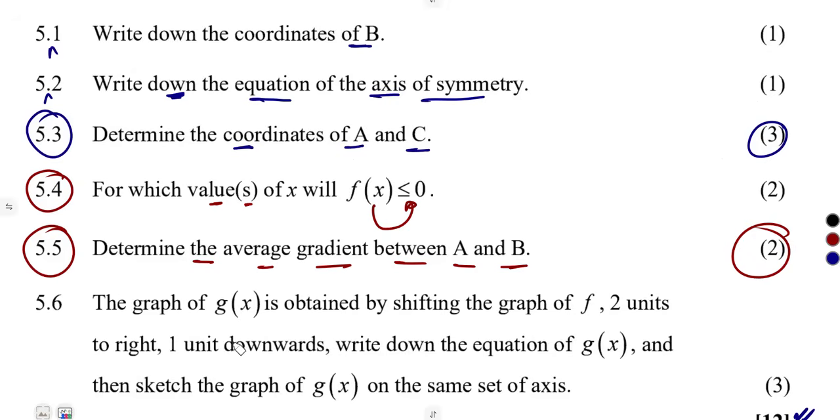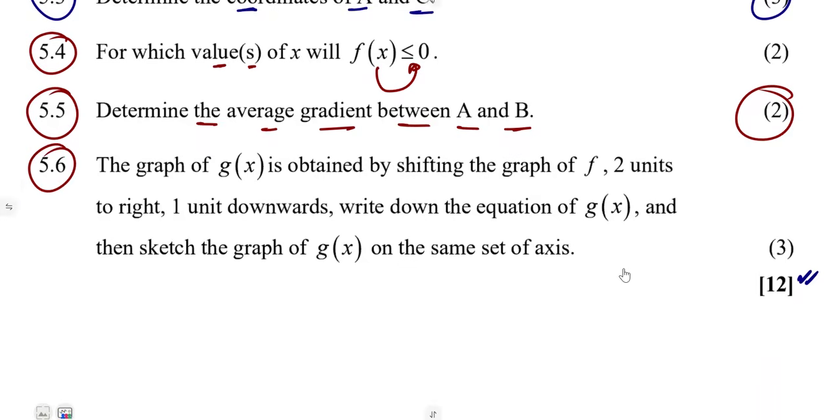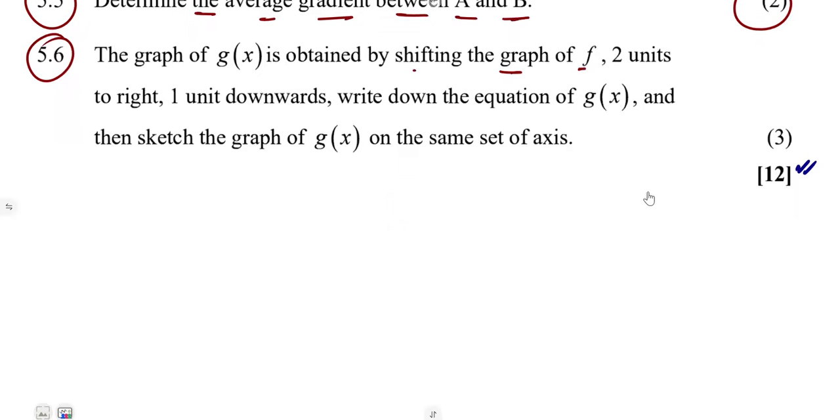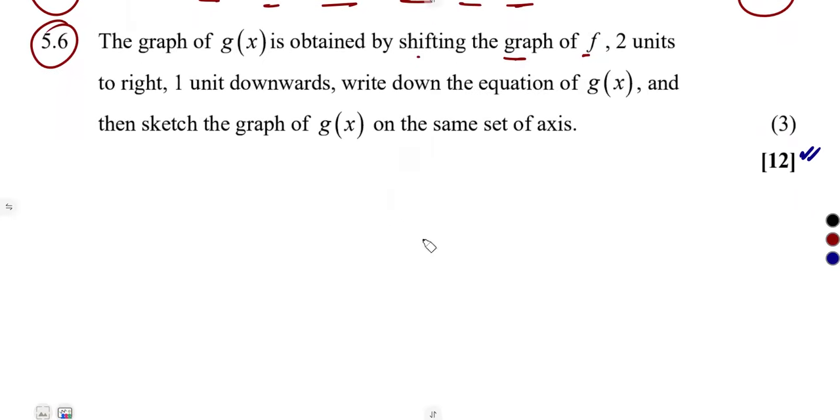Moving on to 5.6, they are saying that the graph of g(x) is obtained by shifting the graph of f. Transformation of graphs. All right. So this one, I wanted to have it here so that we can properly see what is happening on 5.6.